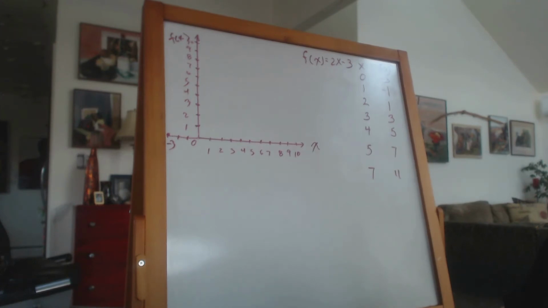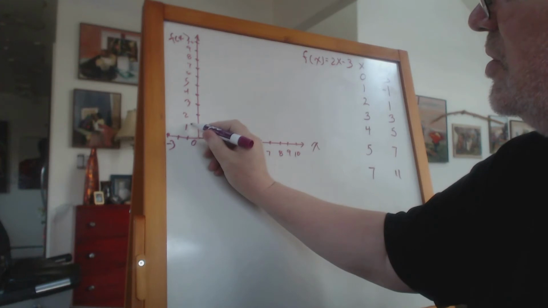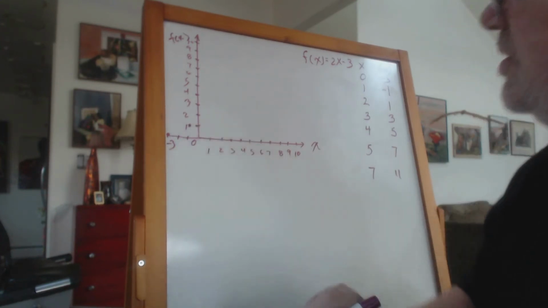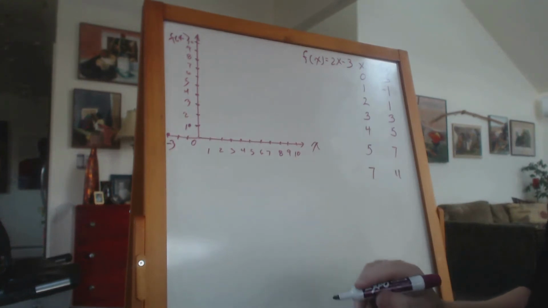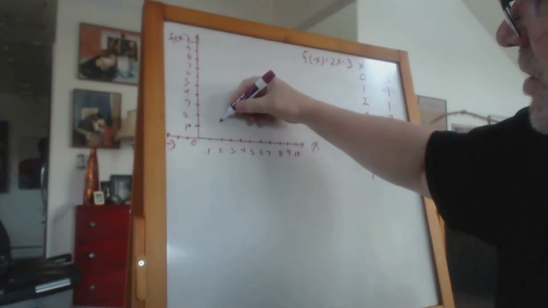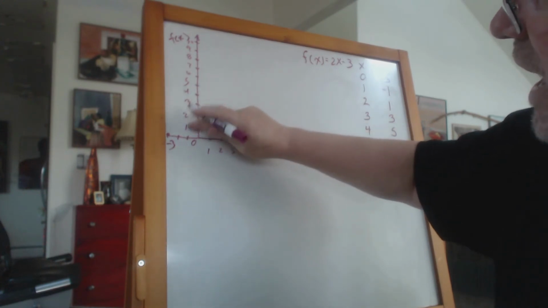When x is 1, it's at minus 1, so right here. And when x is 2, it's at 1. Let's see, I'm sorry. I screwed up.